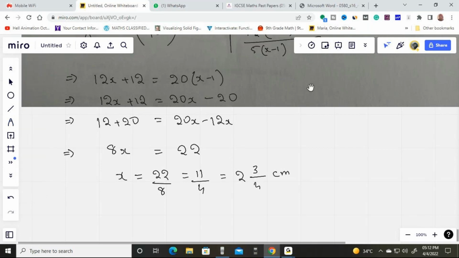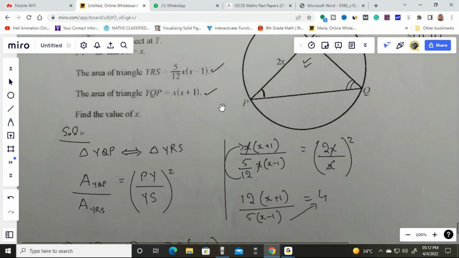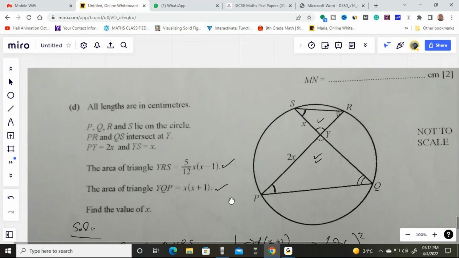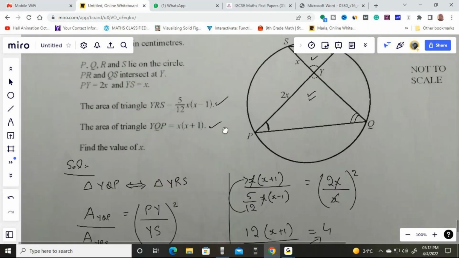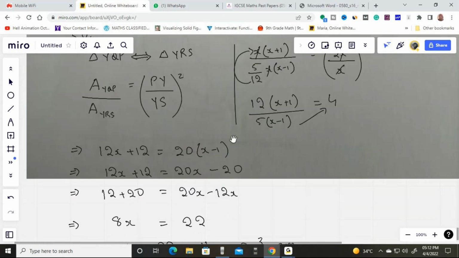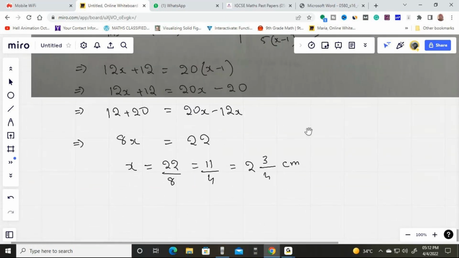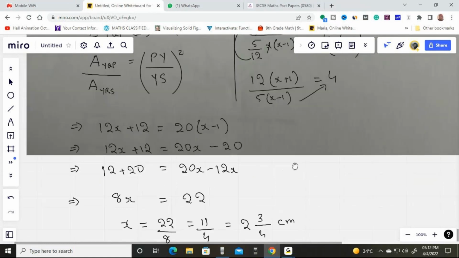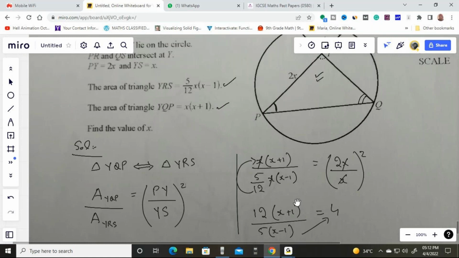I need to check my answer, but I do not know from which year this question has been taken. If you have answers at your side, you better confirm this answer. I'm getting curious. Okay, I'll find it.